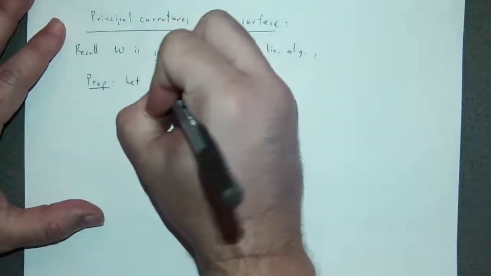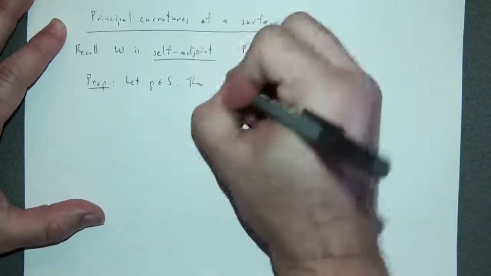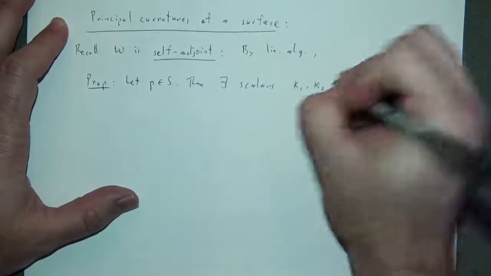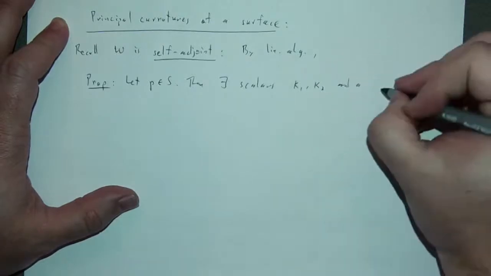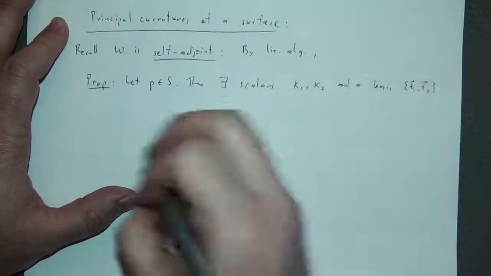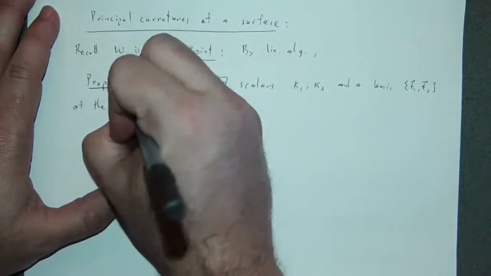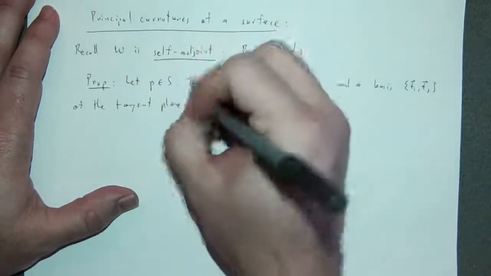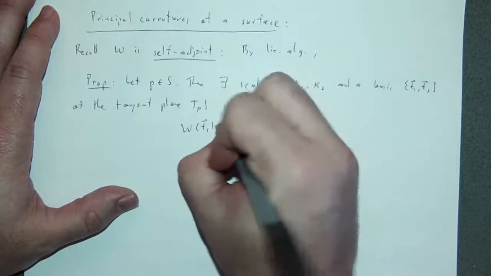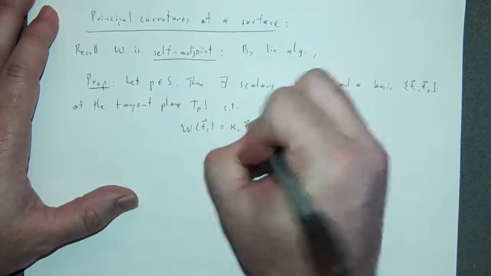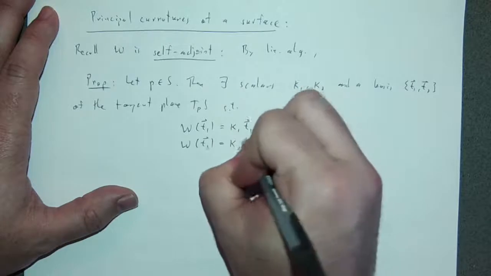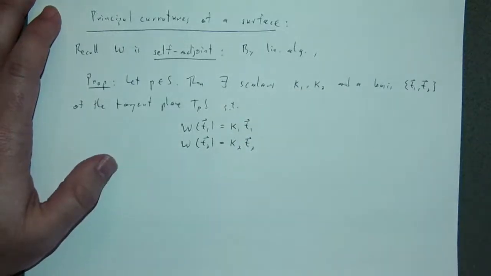So let P be a point in S, then there exist scalars, say kappa sub 1 and kappa sub 2, and a basis that I'll call T sub 1 and T sub 2 of the tangent plane Tp of S such that W of T sub 1 is equal to kappa sub 1 times T sub 1, and W of T sub 2 is equal to kappa sub 2 times T sub 2. Okay.